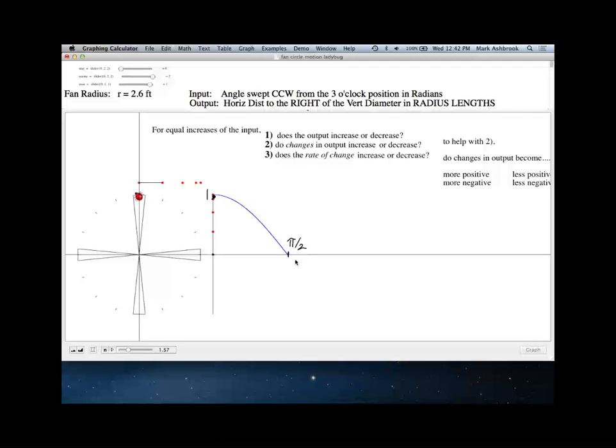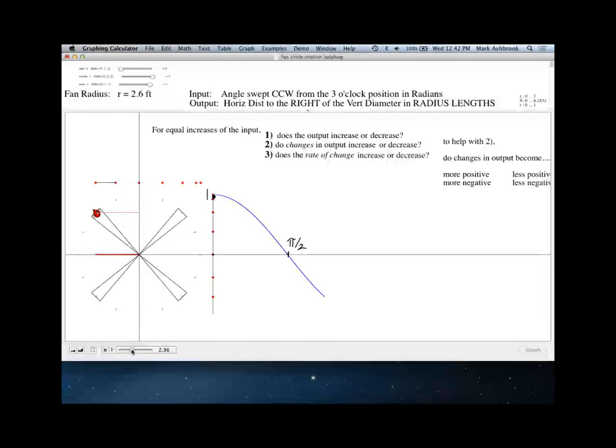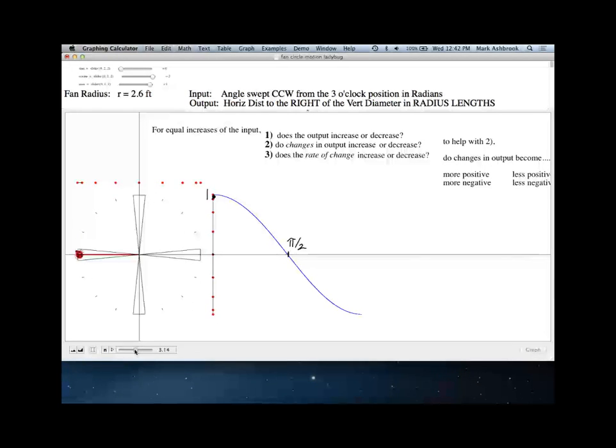Second quadrant. The horizontal distance is at 0. In the second quadrant, when we go to pi, what will the horizontal distance do? Go from 0 to what? 0 to negative 1. So at pi, the horizontal distance is down here at negative 1.